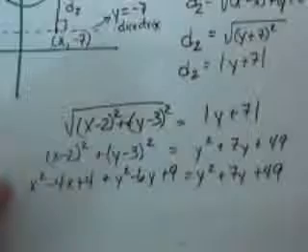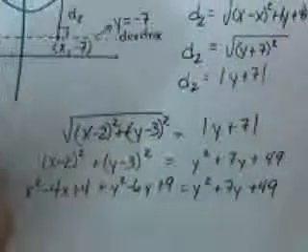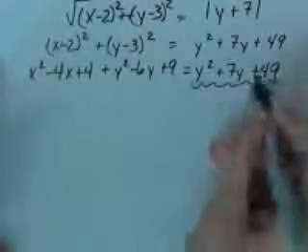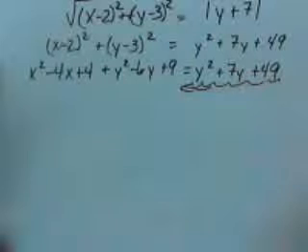I need to rearrange a piece of paper here, so hold on. Get some blank paper under here. And I'm going to move this up to the top of the screen so we can see just that. I'm going to move all of the stuff from the right-hand side over to the left-hand side so that I can cancel off whatever might cancel.